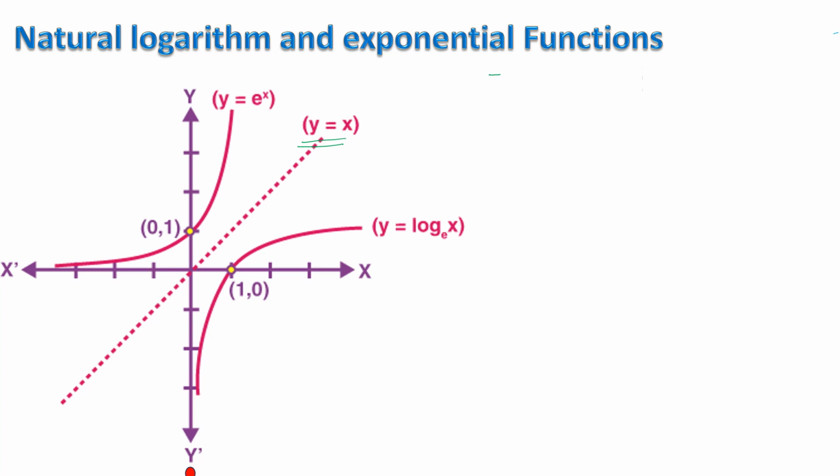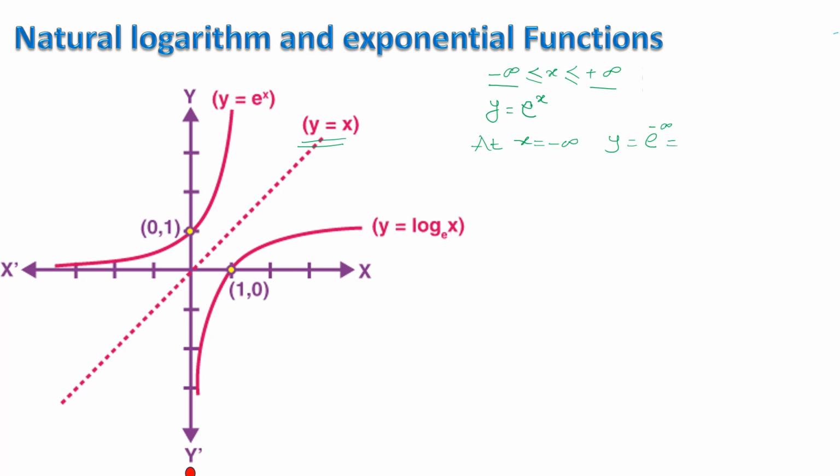Now x is rolling from minus infinity to plus infinity. And the first function that we are talking is y equal to e to the power x, x rolling from minus infinity to plus infinity. So when x is equal to minus infinity, we have y equal to e to the power minus infinity.